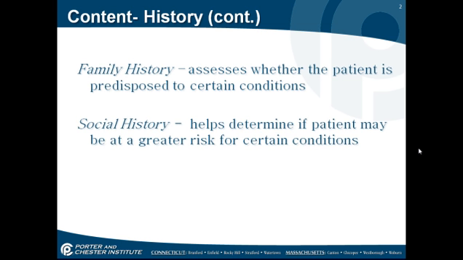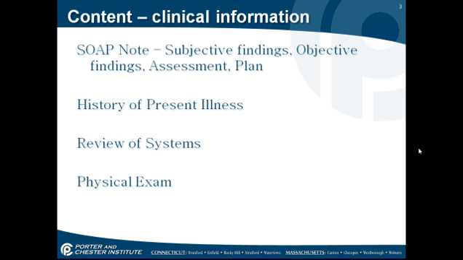Social history is going to give the physician information about smoking or drug use, or whether or not a patient is involved in any activities that could put them at greater risk.